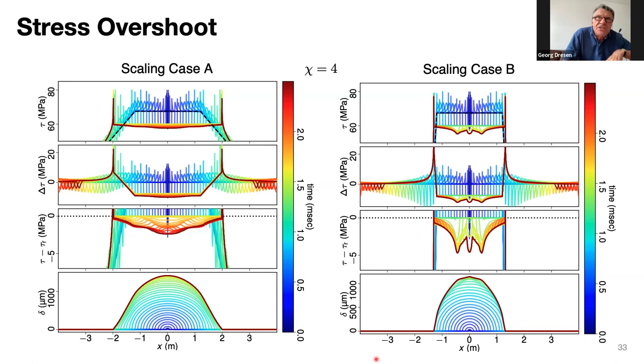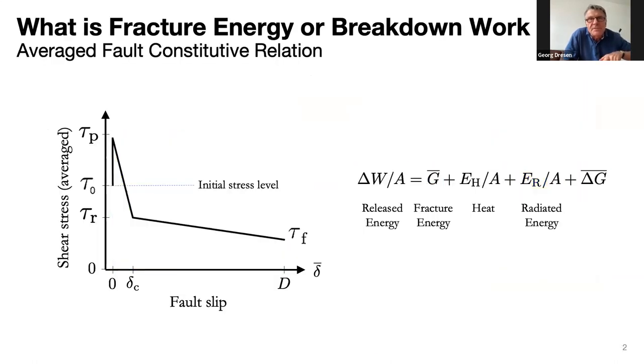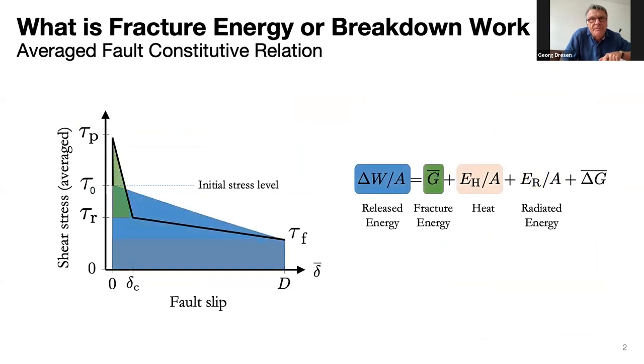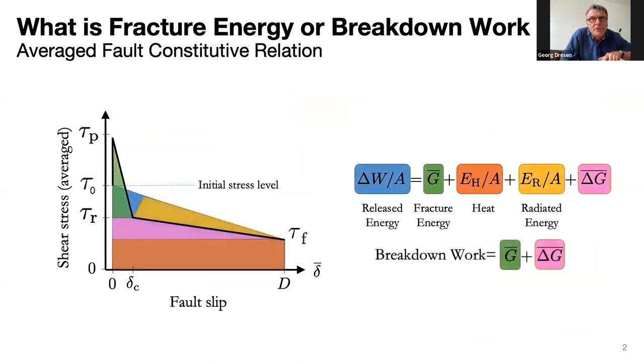Now, the fracture energy, when we measure it for a given set of thermodynamic conditions, is a very small value, right? You would agree? It's of the order of a few joules per square meter. So that's noise if you compare it to the energy that is commonly assumed to be fracture energy or breakdown energy, which is somewhere between 10 to the 4 and 10 to the 6 joules per square meter, right?